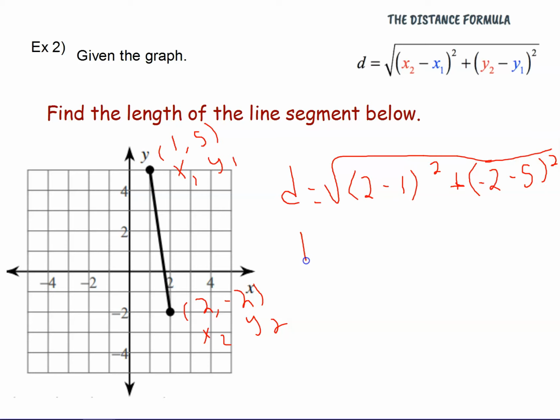So 2 minus 1, that's 1 squared. -2 minus 5 is -7 squared. So in this case, remember, I always like to pause and really look at what I'm doing. All right, so I'm saying that the distance between my x's is 1.